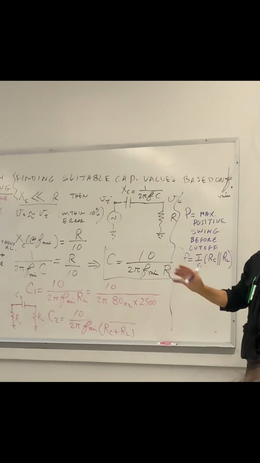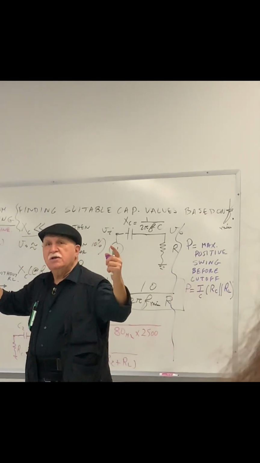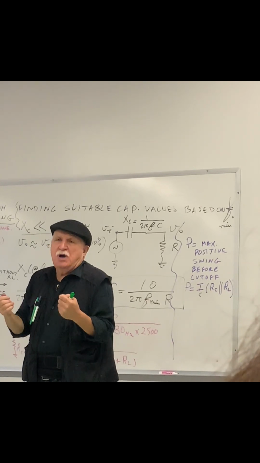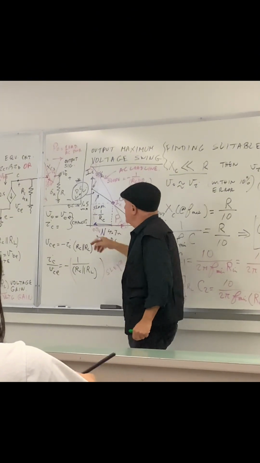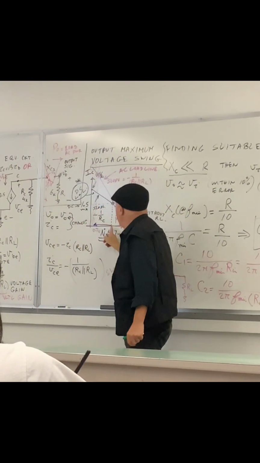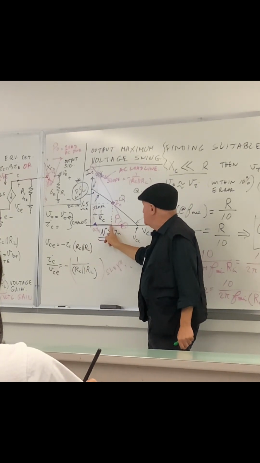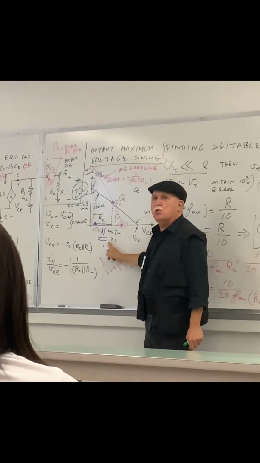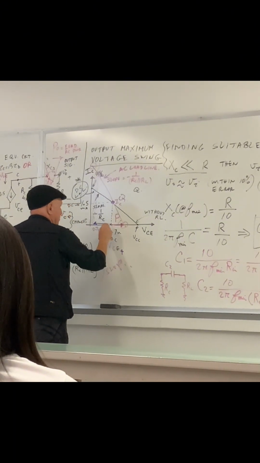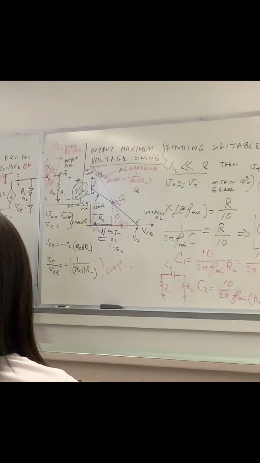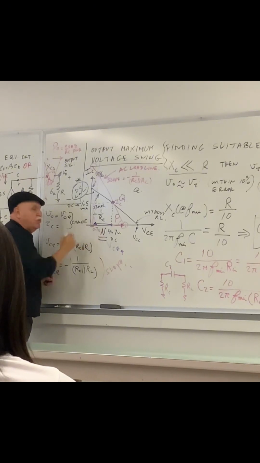Then it can go before messing up with the cutoff, because causing cutoff for the transistor. The next one is driving the transistor into saturation. So how much negative can I go at the output? Here, when the signal goes down or up, because this signal goes positive, negative. How much down can I go? That is even easier. Negative swing. N is the distance from here, which is the VCE quiescent. That's your VCEQ, the DC voltage you established in the transistor, less by approximately this chunk, 0.7 of it.